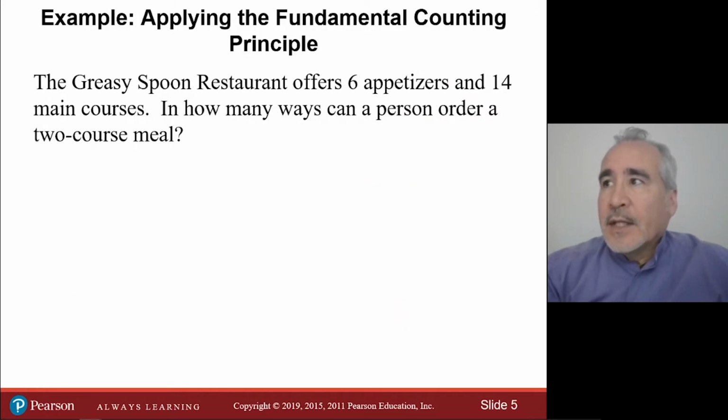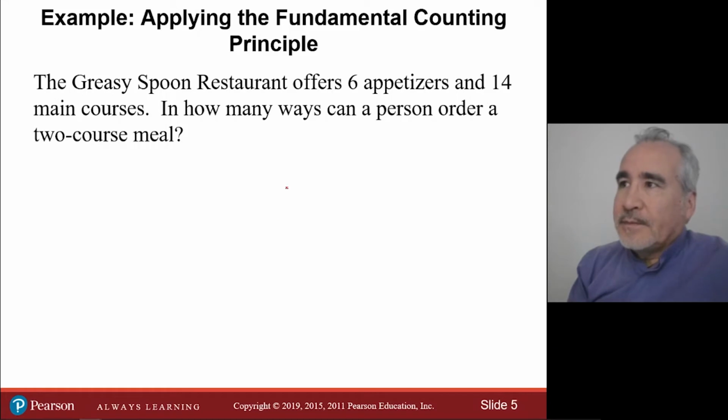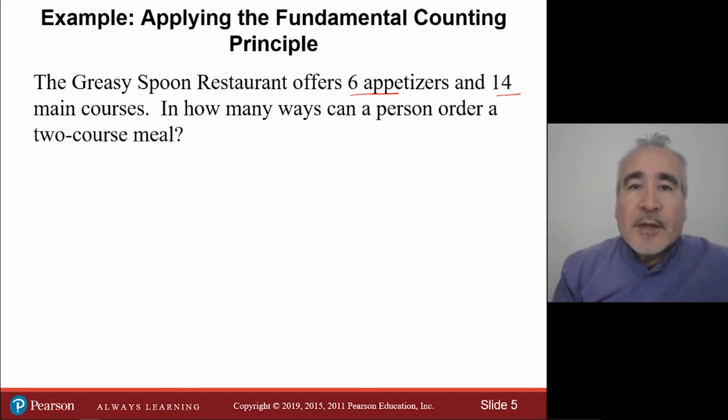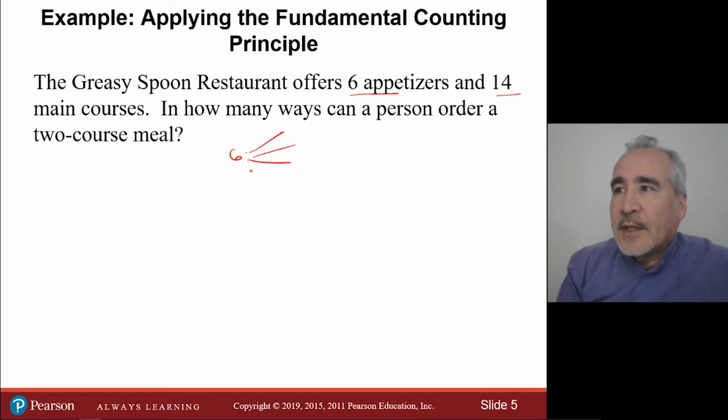Okay, so here's one where we're back to the appetizers: 6 appetizers, 14 main courses. Now you could try to put this all in a picture, but you could see it's going to take up a lot of room with 6 and 14. But what you think of is that for your first choice, you have 6 appetizers, so that gives you 1, 2, 3, 4, 5, 6 different options.